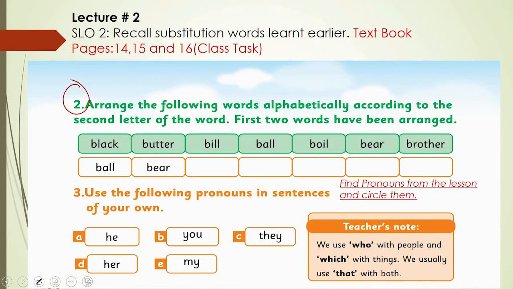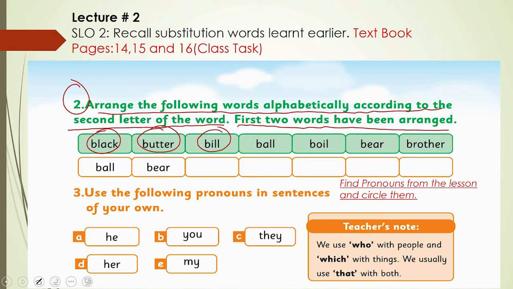Question number 2. Arrange the following words alphabetically according to the second letter of the word. The first 2 words have been arranged for you. The words are black, butter, bill, ball, boil, bear, brother.